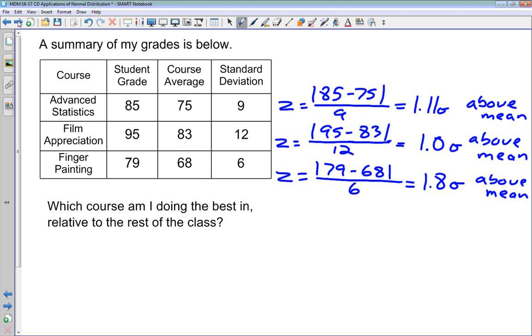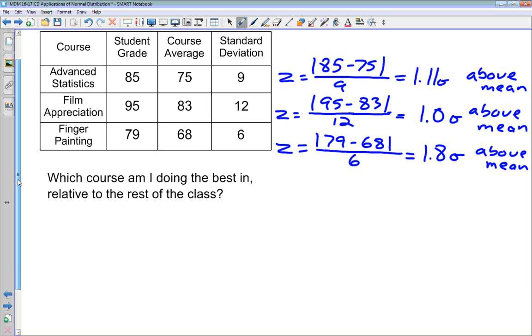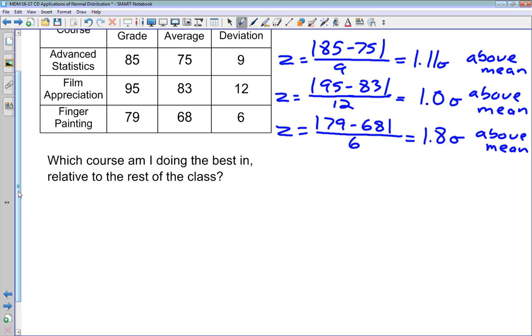So which course am I doing best in? Well, relative to the rest of the class, finger painting is where I'm really shining relative to all these other people. I don't know what kind of a course this is, that all these people haven't mastered finger painting. But I'm doing pretty good here. I'm 1.8 standard deviations above the mean in finger painting. That's the one that I should take home and put on the refrigerator for everybody to see.